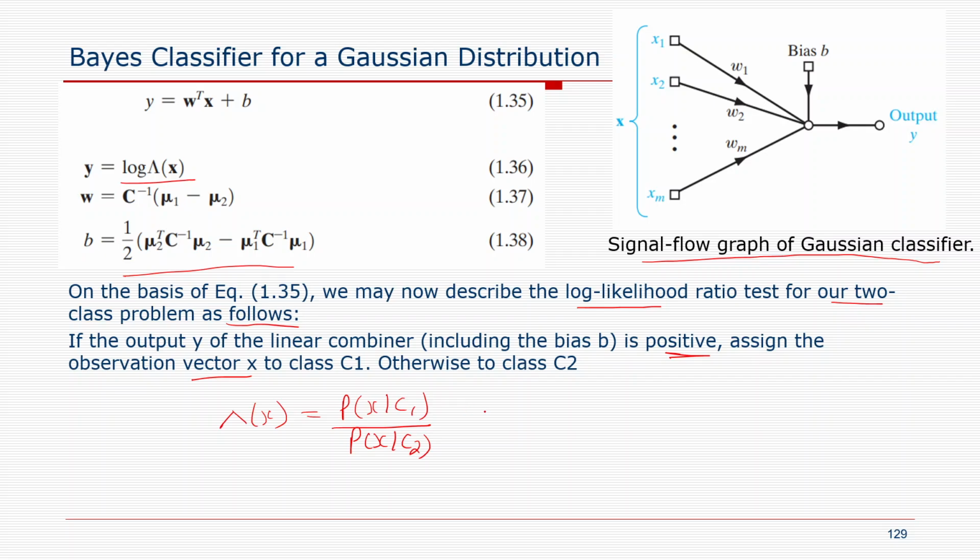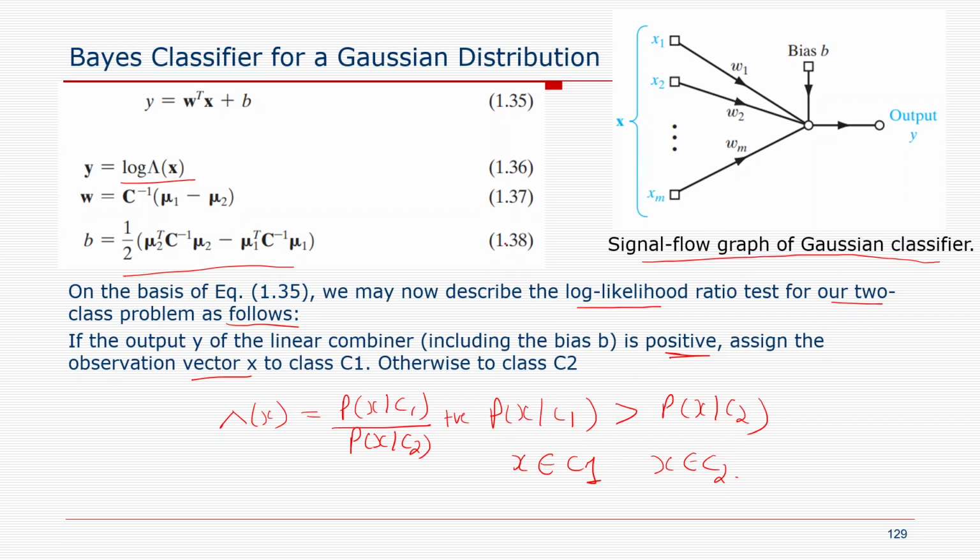If this division term results in a positive value, then p of x given c1 will be greater than p of x given c2. So we decide that this input feature x belongs to the class C1. Otherwise, the input feature x belongs to the class C2.